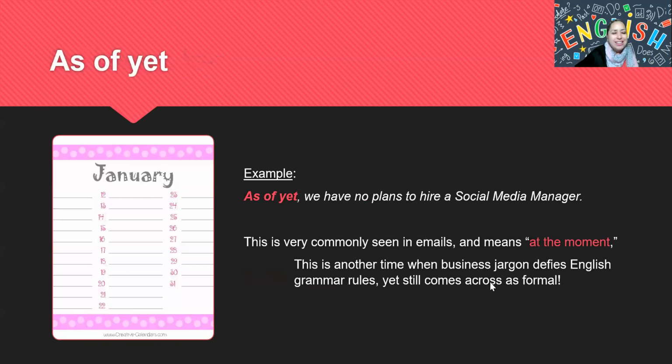Let's see the next one. As of yet. This is one of those that is grammatically incorrect, but is used. Since this is common English for business English, we need to study it. As of yet. Let's see the example. As of yet, we have no plans to hire a social media manager. This is very commonly seen in emails and means at the moment.